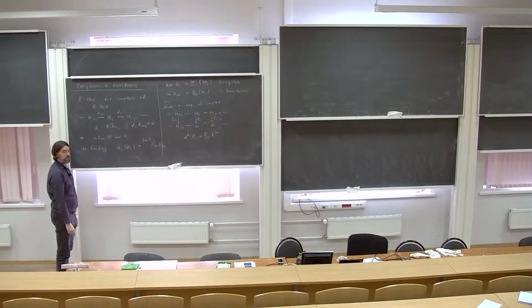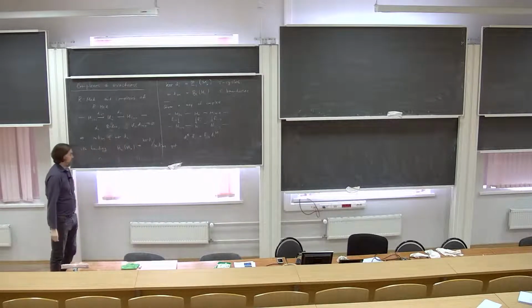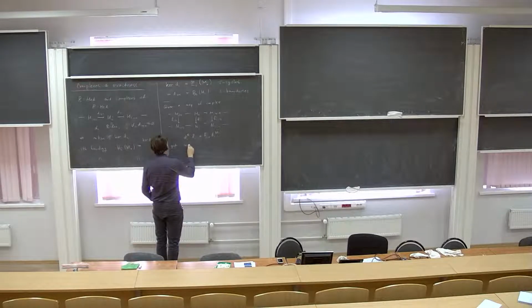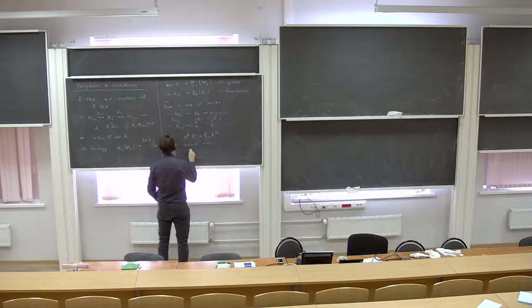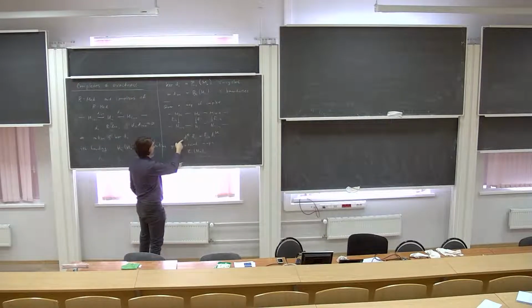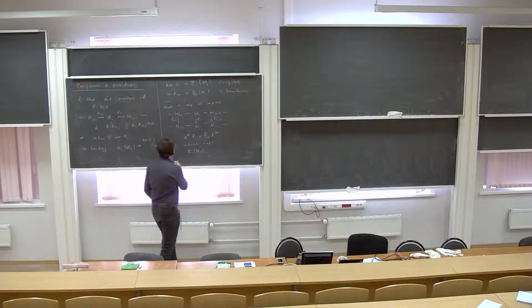So given a map of complexes like this, you get induced maps of cycles. So if I have a cycle, an i cycle, in M, and I apply f_i to it, and then I apply the differential, that would be the same as applying the differential, which would kill the cycle, and then applying f_{i-1}. Okay?